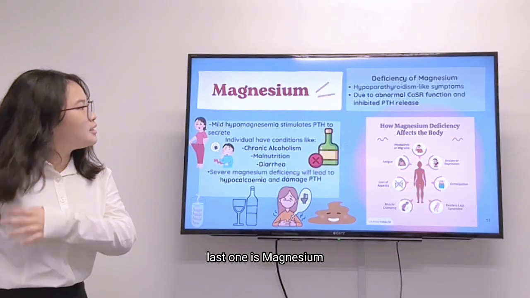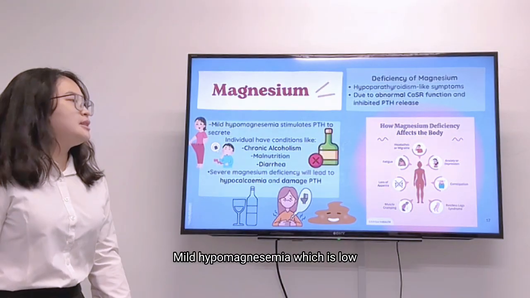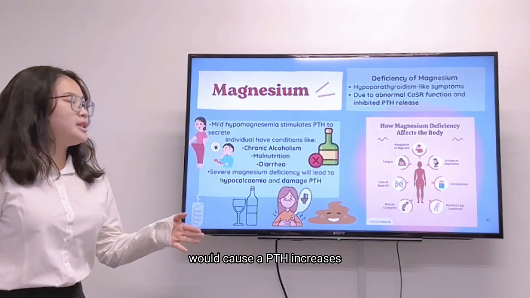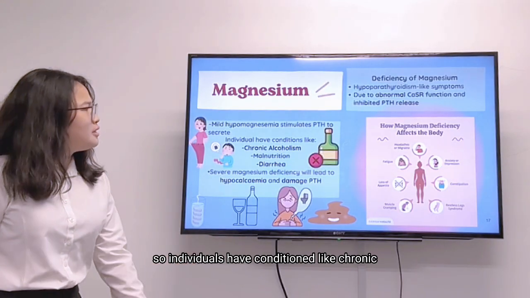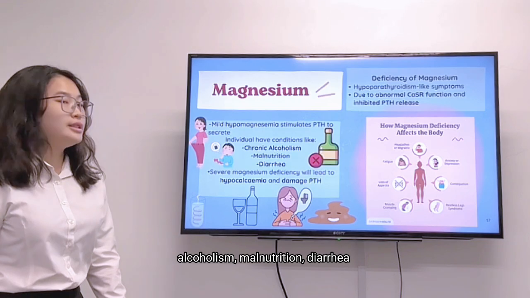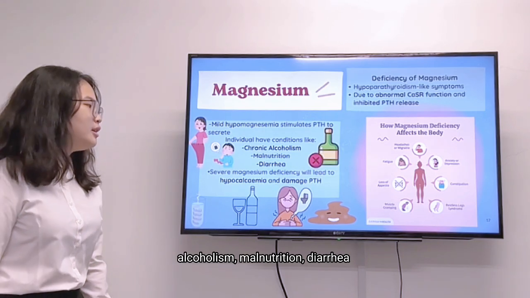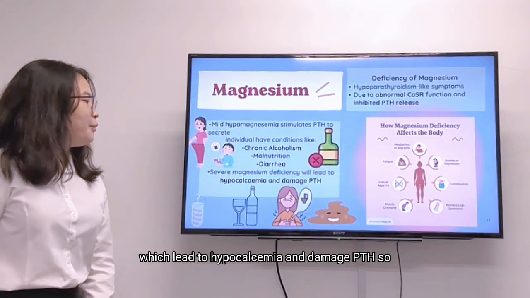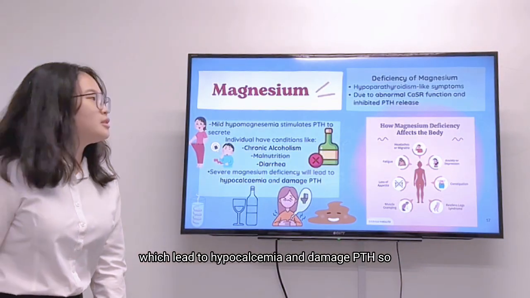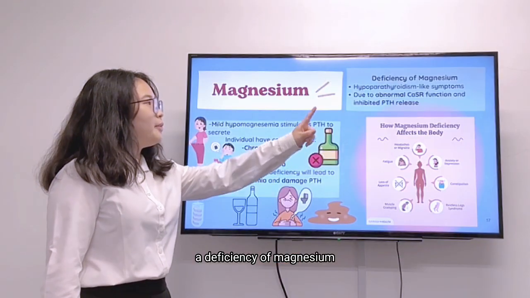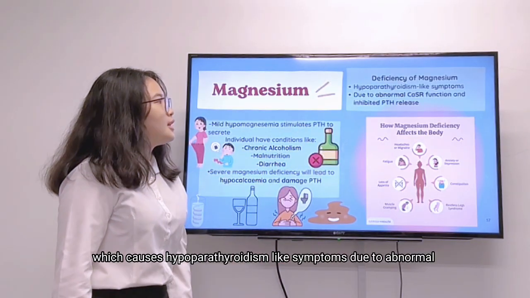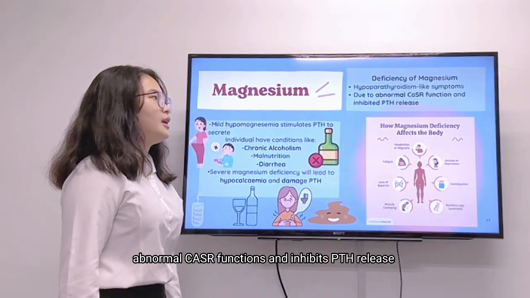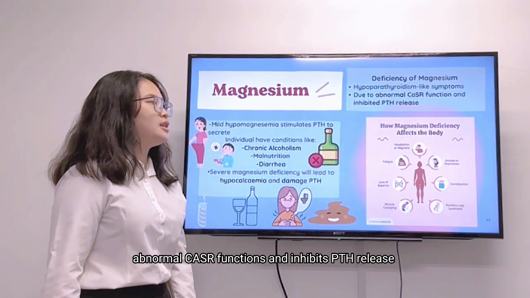Last one is magnesium. Mild hypomagnesemia, which is a low magnesium level, would cause PTH to increase. So individuals with conditions like chronic alcoholism, malnutrition, and diarrhea can have severe magnesium deficiency, which leads to hypocalcemia and damaged PTH. So deficiency of magnesium causes hypoparathyroidism-like symptoms due to abnormal CASR function and inhibits PTH release.